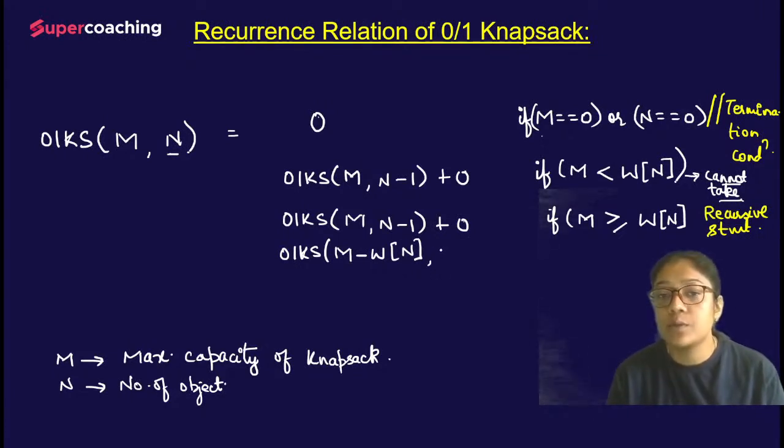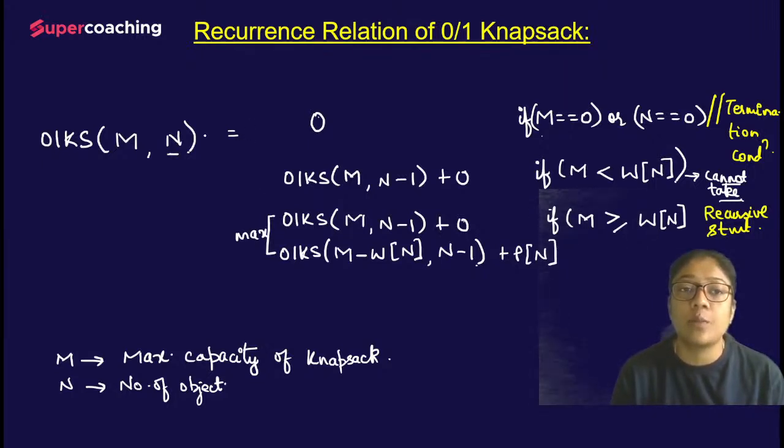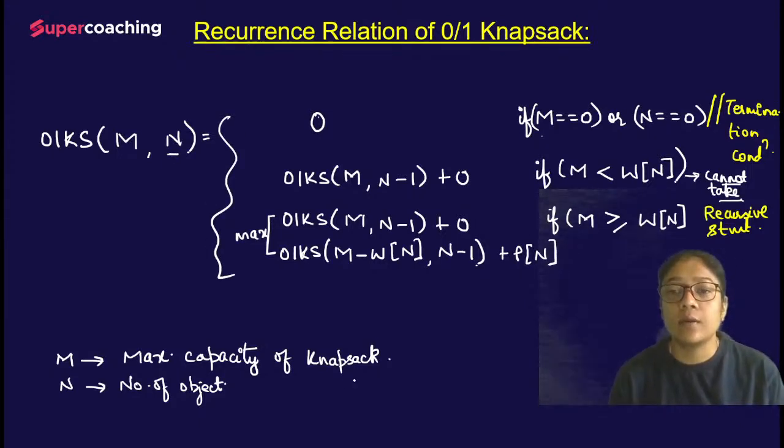Second parameter is we need to consider the next object. Since the object is taken, so profit will be assigned plus profit of that nth object, and out of this we need to take the maximum value because the goal is to earn the maximum profit. So this is the recurrence relation.